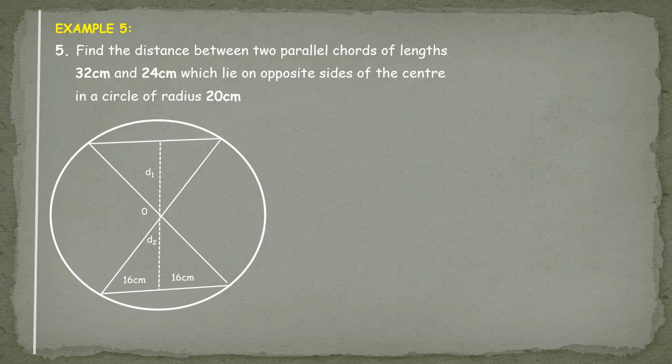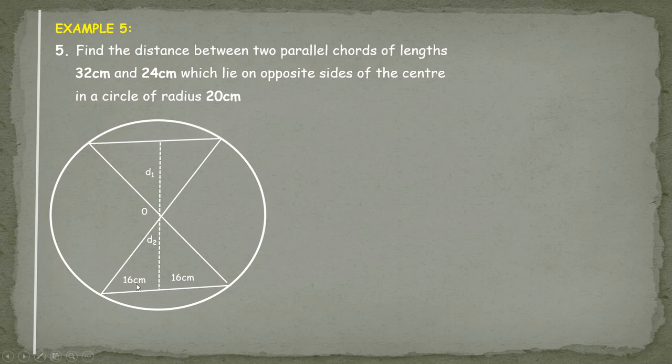Now, since the first chord is 32 centimeters, I've divided the 32 centimeters into two equal parts, because I said earlier on that once you draw a line from the center to this chord, this is going to be 90 degrees. If this angle is perpendicular, it means that it is going to divide the chord into two equal parts. So the whole distance is 32, divided into two equal parts, we shall end up with this part as 16 and this part as 16.